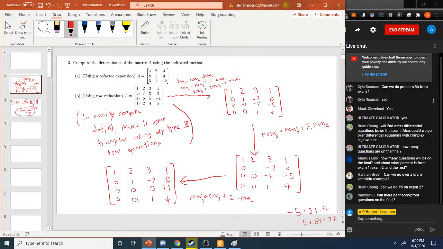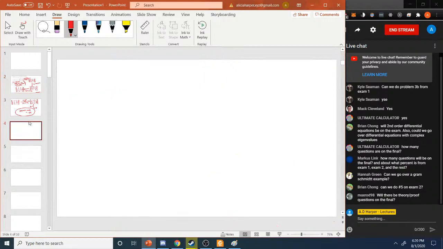Ryan Chong asks, will second order differential equations be on the exam? By second order differential equations, I assume you mean things like y double prime is equal to 5y. And the answer is no. Second order ODEs will not be tested.